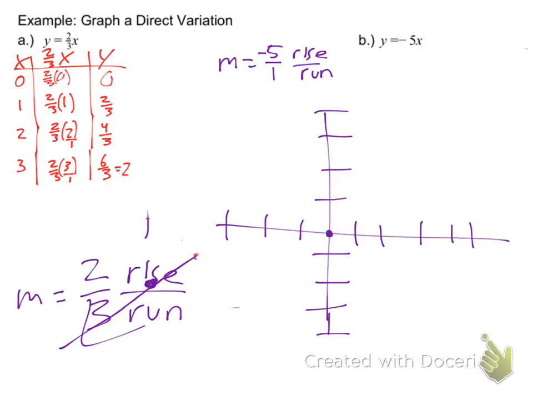So the negative is on the 5 right now, therefore I will move down. The 1 is positive, so I run positive x. So I move 1, 2, 3, 4, and I need more, right? Boom. So you will be here.